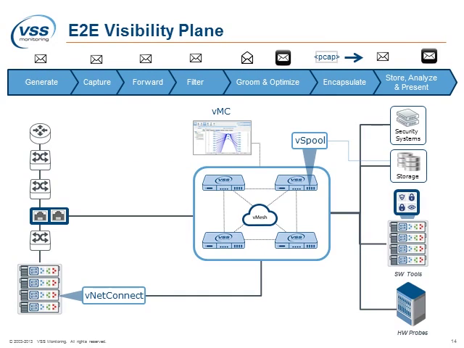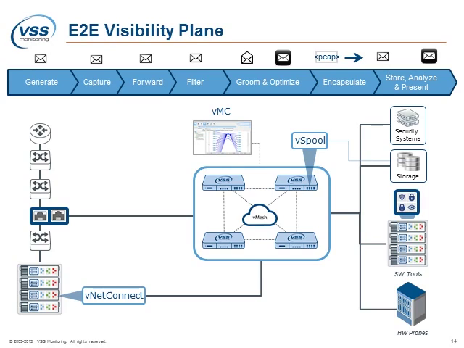So the move to a big data visibility architecture with VSS Monitoring is really as easy as adopting vSpool, adding that to a new or an existing network packet broker deployment, and using VNet Connect to capture traffic that comes from virtual hosts.